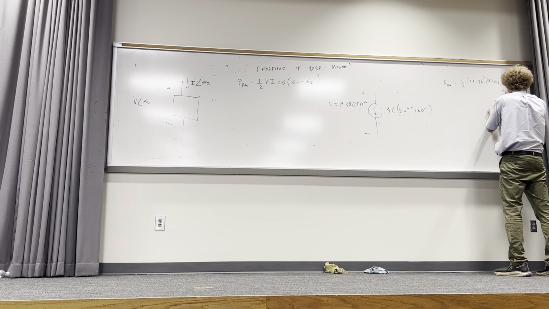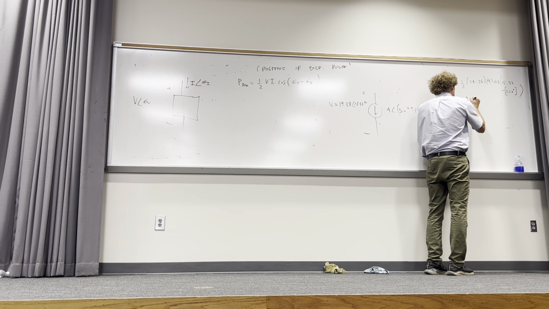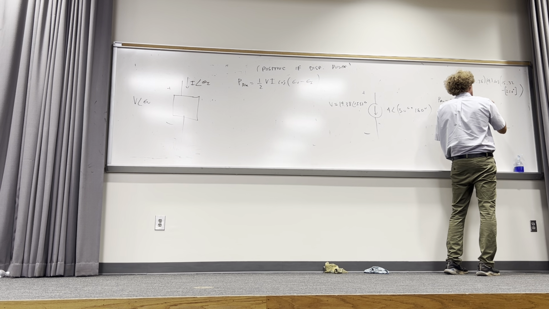So what is this average power? Can somebody give that to me? That's going to be 1/2 times 4, really 2 times 14.38 times the cosine of 15.52 minus 210 degrees.